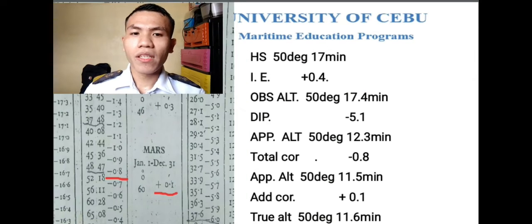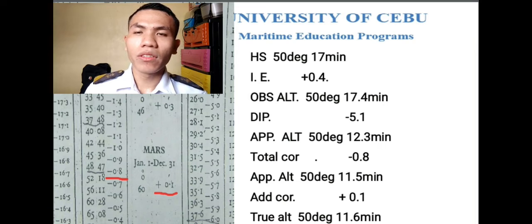Since planet Mars has a total correction, we correct this from the apparent altitude. As we can see in the nautical almanac, look first for the value of your apparent altitude. Since we have an apparent altitude of 50 degrees, we look this value up in the nautical almanac, and we find that it has a correction of minus 0.8.